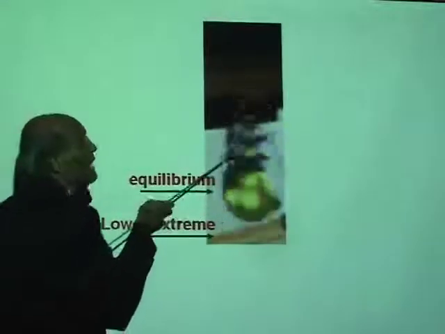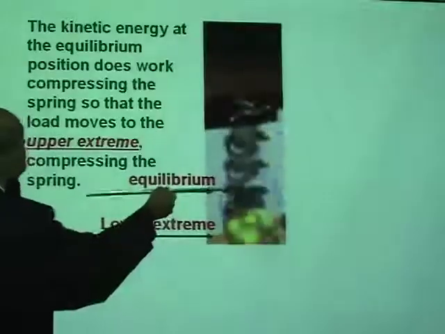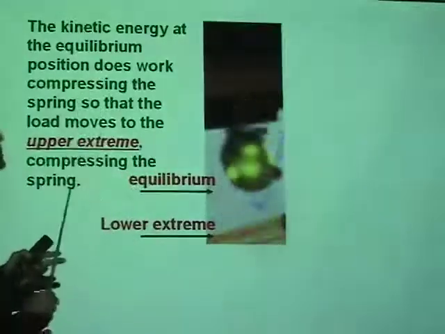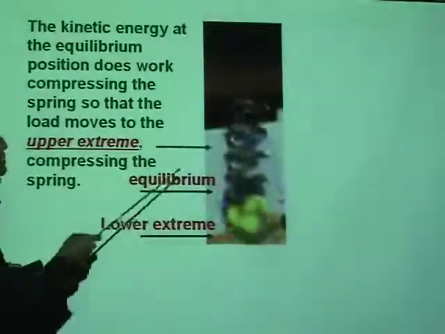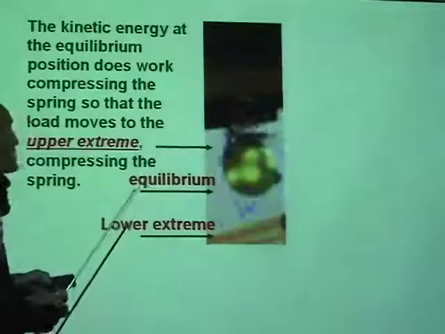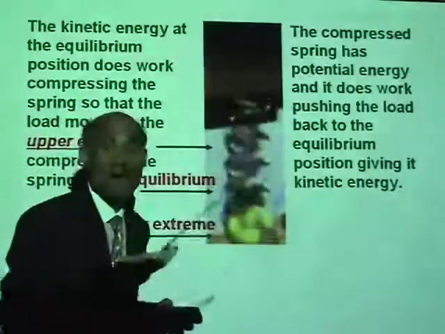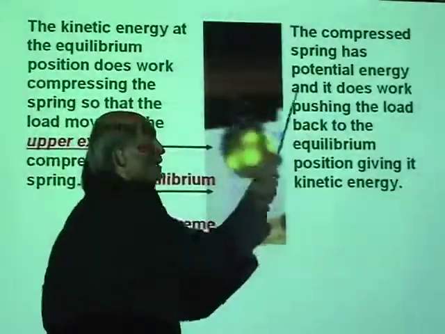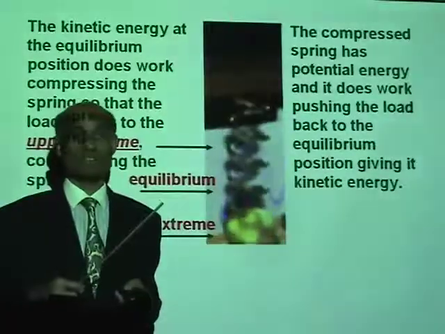It will move up, compressing the spring. The kinetic energy at the equilibrium position does work in compressing the spring so that the load moves to the upper extreme. That is the upper extreme. Now, the compressed spring has potential energy, and it does work pushing the load back to its equilibrium position.